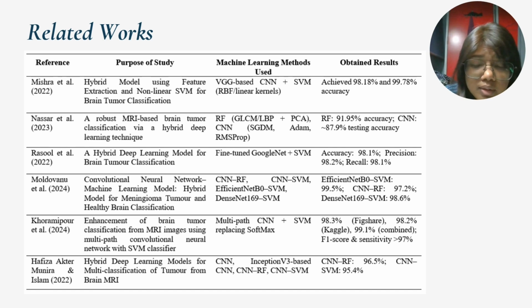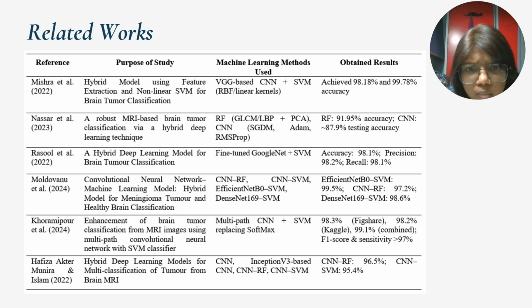The RF model achieved 91.95% accuracy, while CNN variants reached around 87.9%. Following this, by Rasul, they fine-tuned GoogleNet for feature extraction and used SVM as the classifier. The model achieved 98.1% accuracy with 98.2% precision and 98.1% recall, showing a strong performance across multiple metrics.